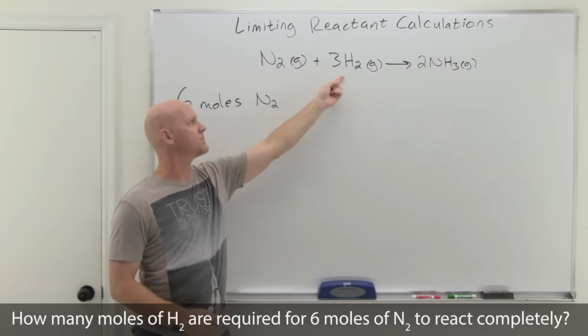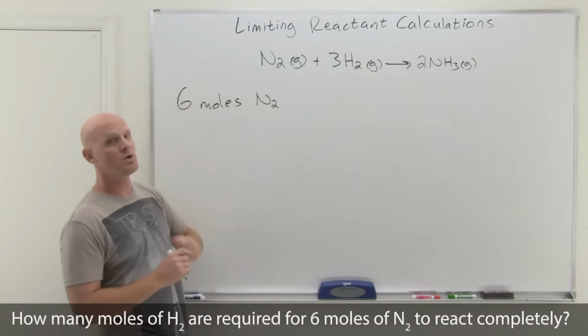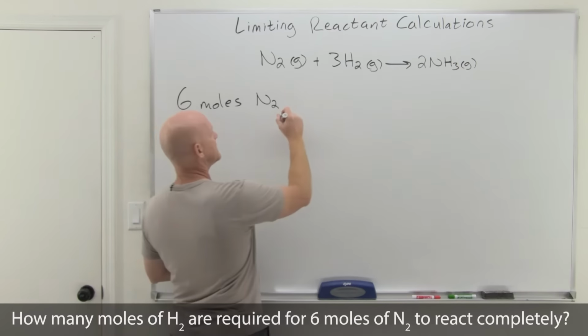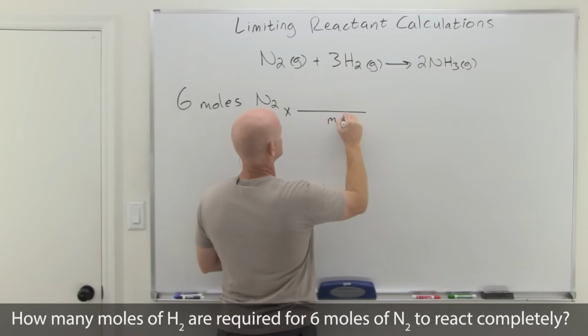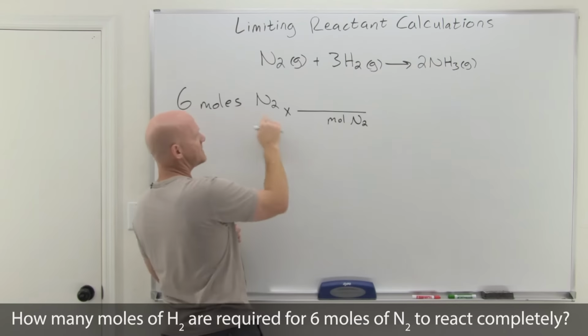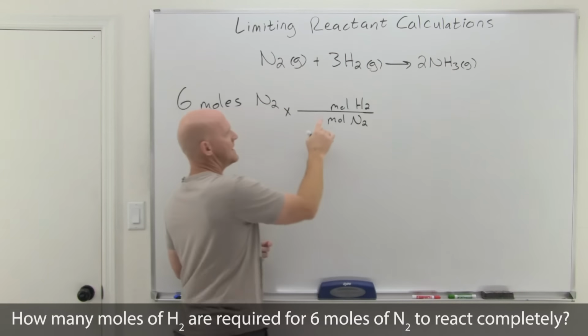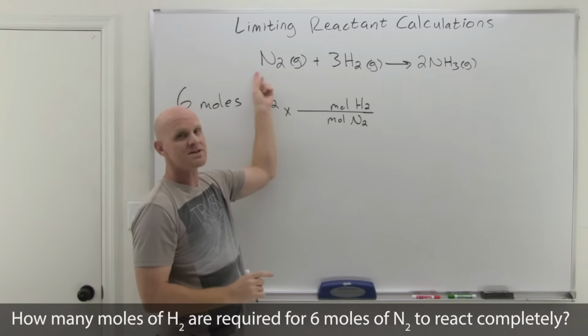And again, based on that 1:3 ratio, I can see it's 3 times more moles of H2, and 3 times more moles would be 18 moles of H2, and that's the answer to this question. Now, if we look at how we work this out, what we're going to use here is a mole-to-mole ratio, and we're going to put the moles of N2 in the denominator, so they'll cancel, and we'll put the moles of H2 in the numerator, and for this mole-to-mole ratio, the numbers are just the coefficients in the balanced reaction.